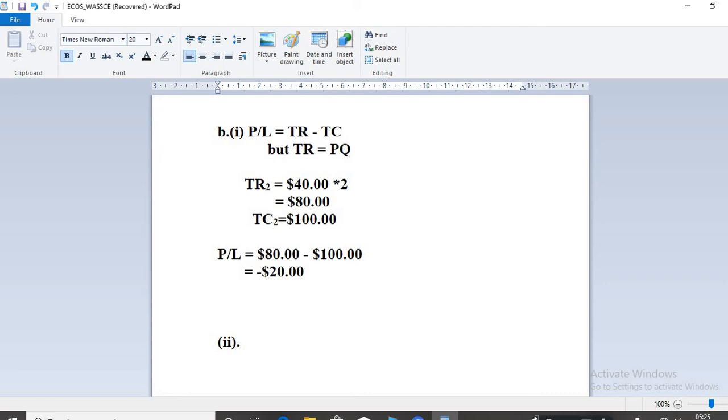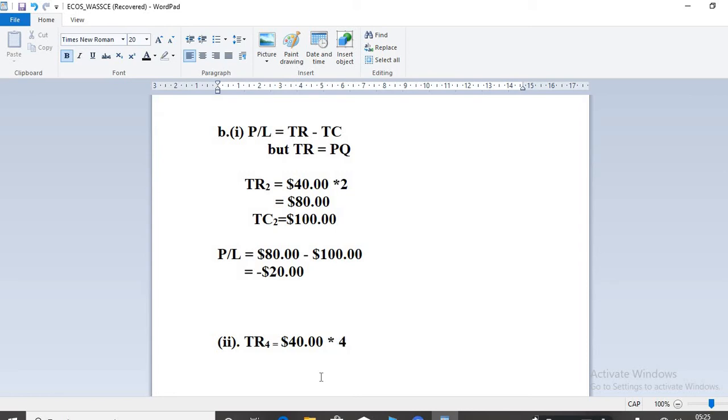Okay, so we've already quoted the formula, so there is no need. So we just find the figures for the variables. Total revenue for the quantity being sold: we know the price to be $40 times 4 units.